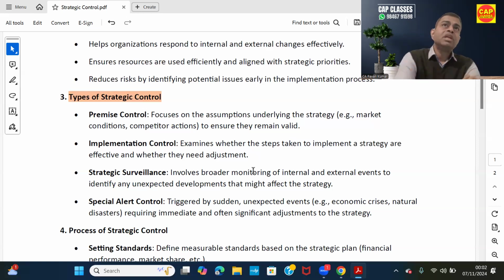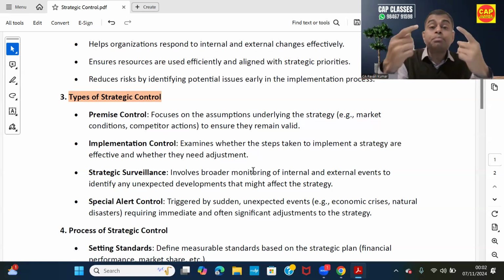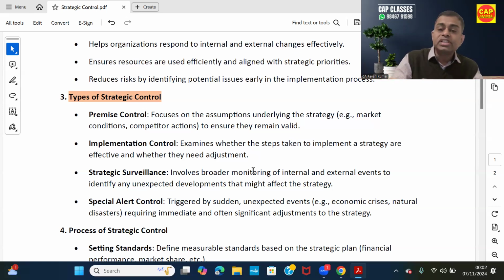So the first one is, when we developed strategy, if you remember the diagram we started with, you have done some internal analysis, you have done some external environmental analysis, and then you identified certain factors from the internal and external environment, and then you have some perceptions, premises, or assumptions of certain factors.